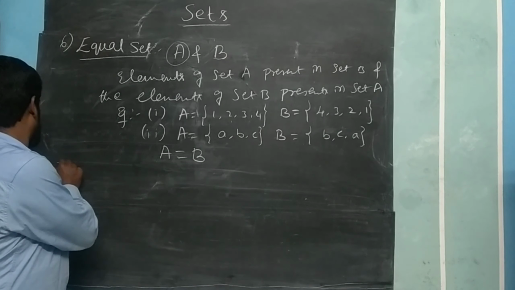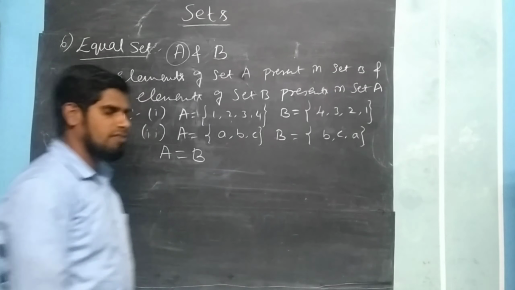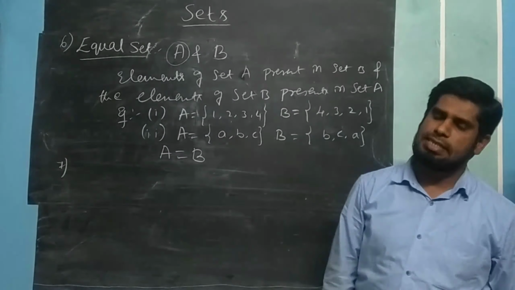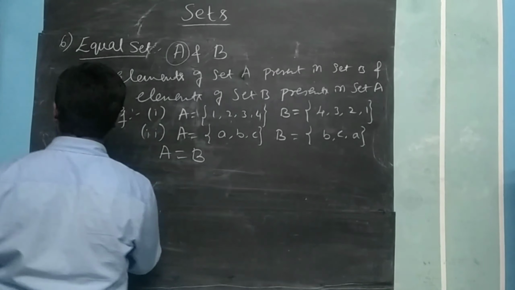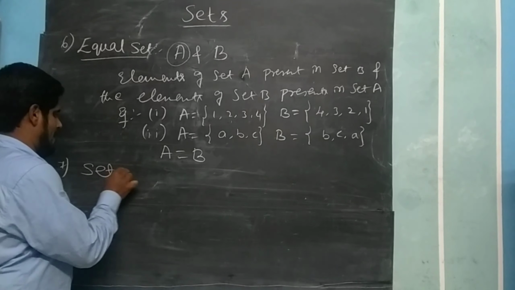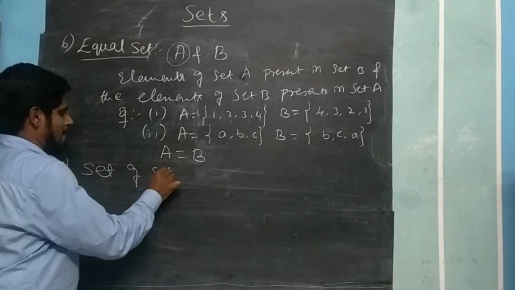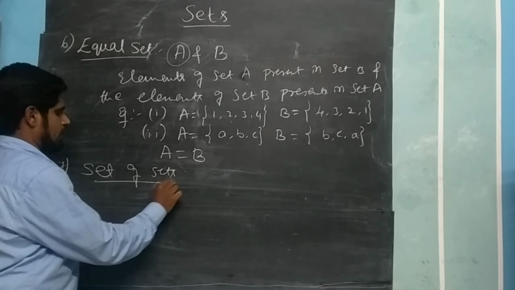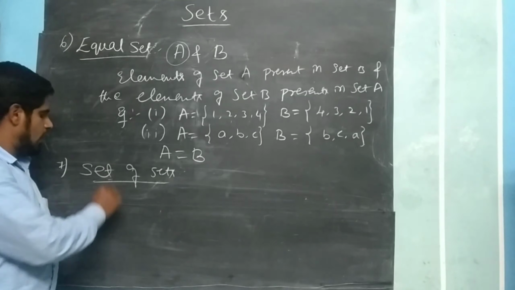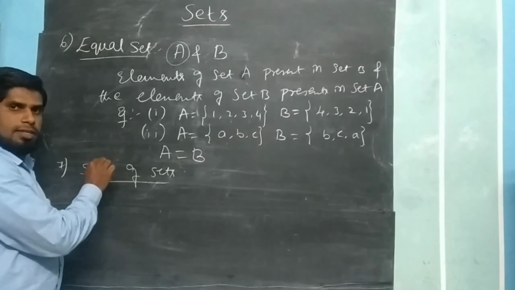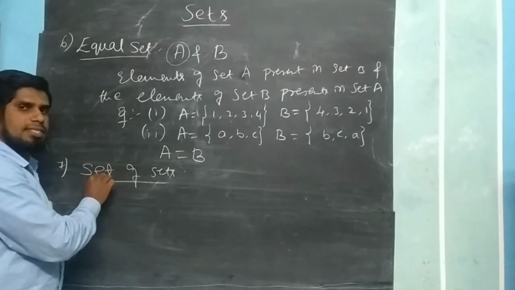Next definition after equal sets: set of sets. The name itself declares everything. The elements of a set are again sets.